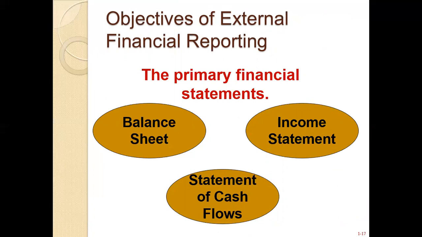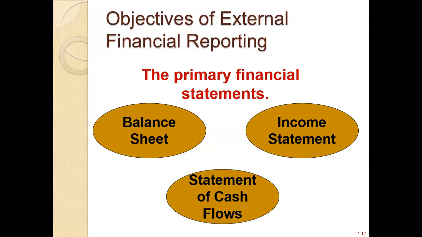I already discussed these statements. In the income statement, we want to see the profitability of a business; the financial position of a business is shown in the balance sheet; and if you want to see the cash flow result, then you need to make the statement of cash flow. These are the normal objectives of external financial reporting. Next, we will discuss the internal and external users of these reports.